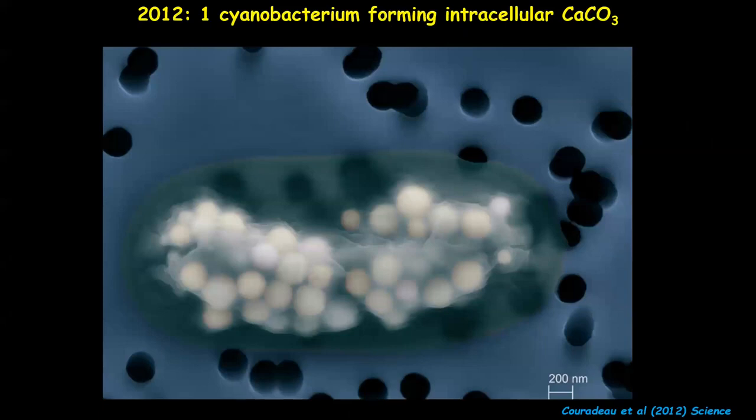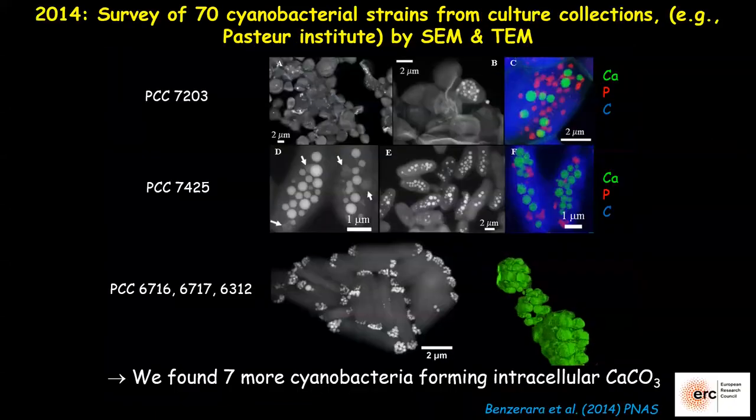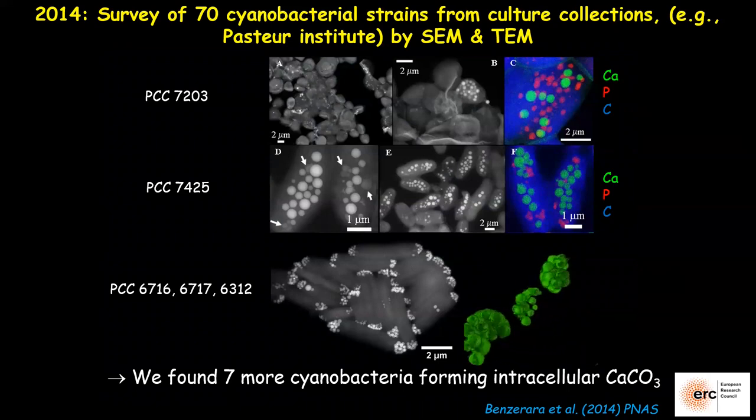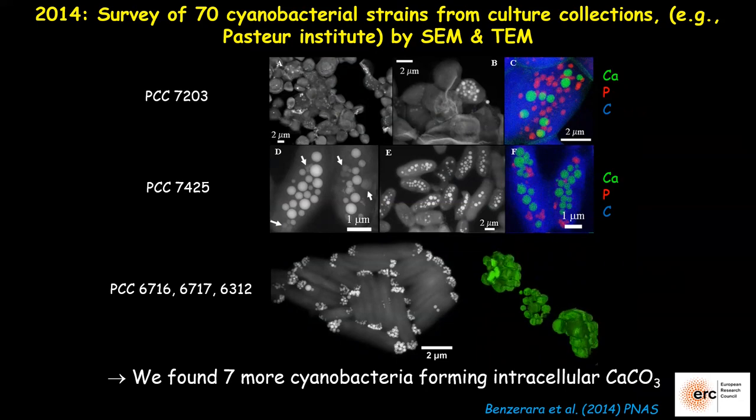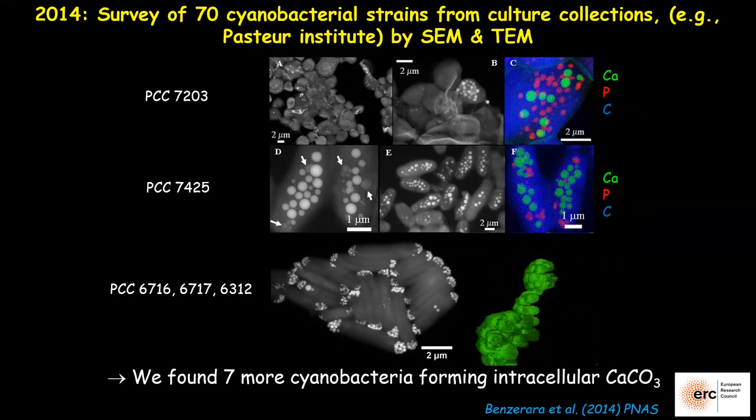So getting back to it, we start from that cyanobacterium that was discovered, as I told you, in 2010, published in 2012, just to have some time reference. In 2014, in order to answer the question of whether it is the only cyanobacterium doing it, or whether there are other cyanobacteria forming intracellular carbonates, we went to a culture collection at the Pasteur Institute.